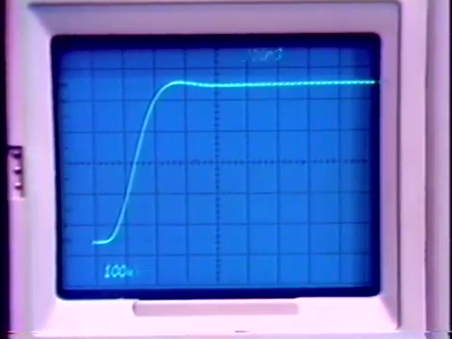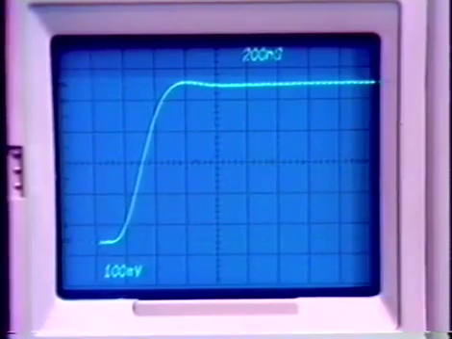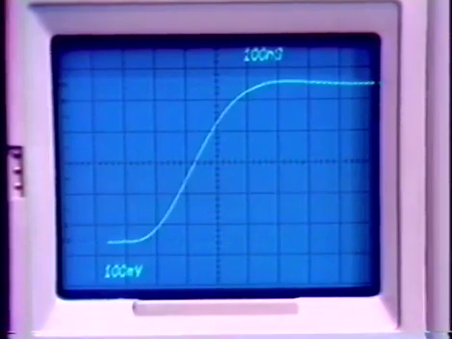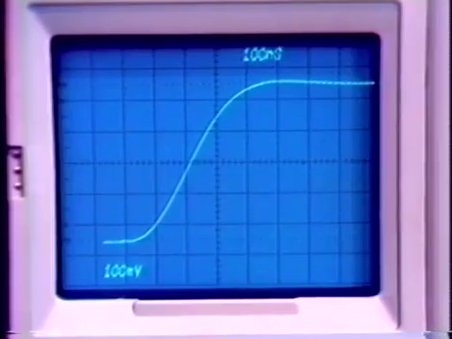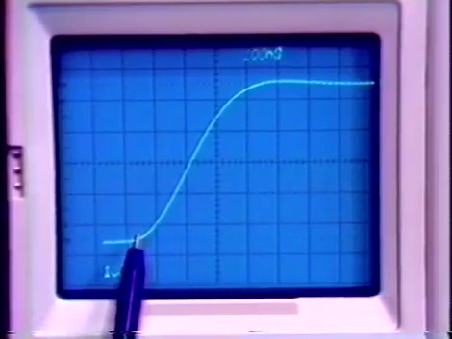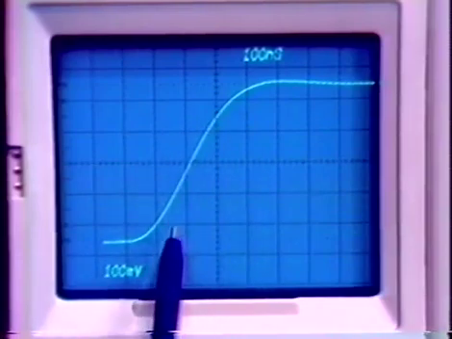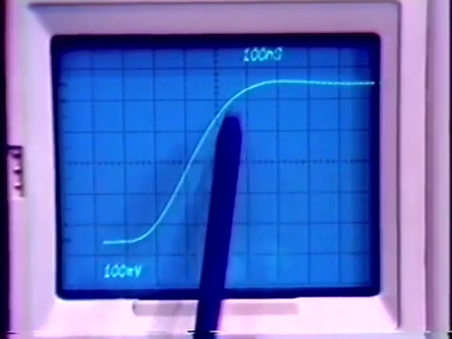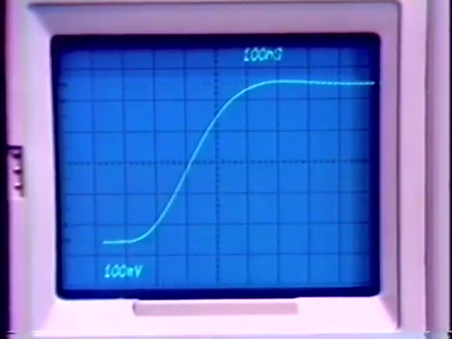We can measure the 10 to 90% rise time in this case. And let's see, let me go back to 100 nanoseconds per division. Here's 10%, 90%. Let's see, we have 1, 2, about 2.5 divisions.